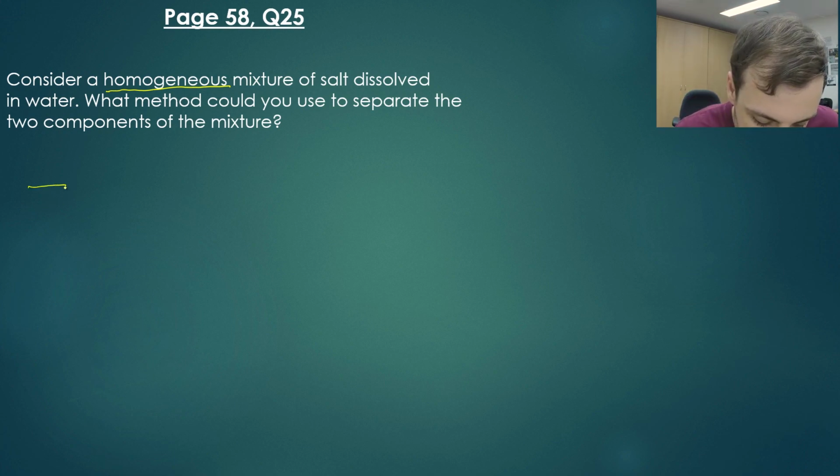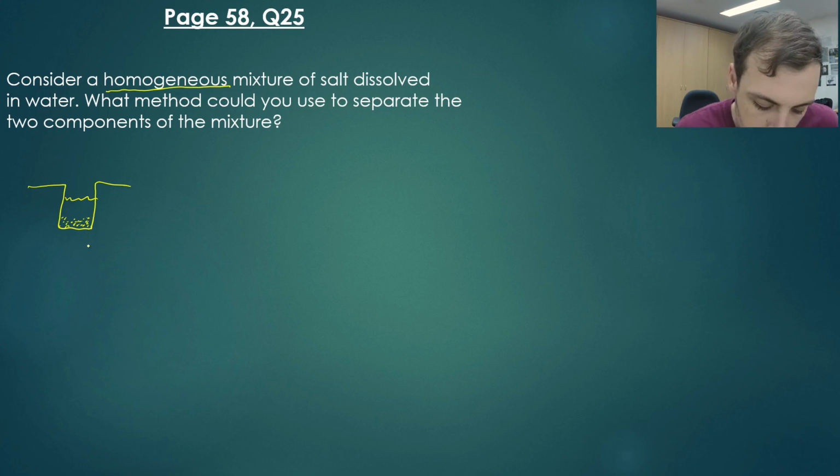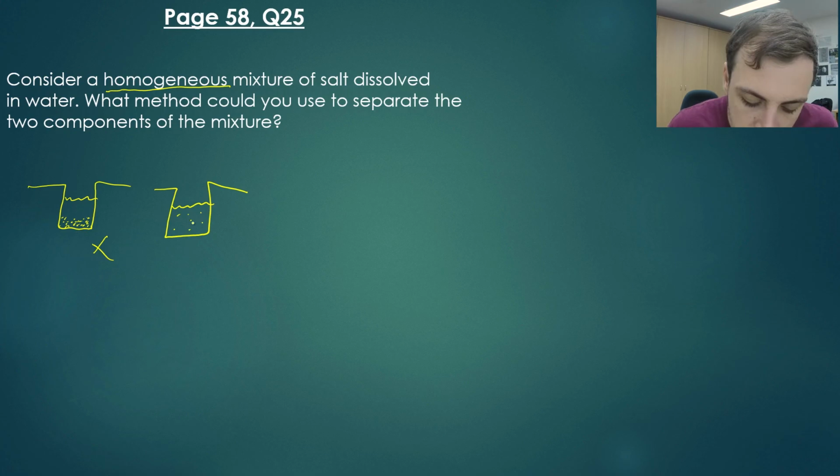It's not like this, where we have all of our salt clumped down at the bottom. No. What's actually happening is we've got our glass of water and the salt is just mixed through consistently. So what method could we use to separate the 2 components of this mixture?